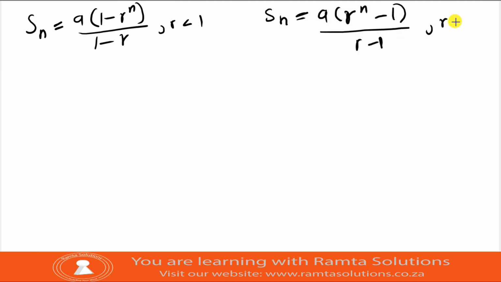This one we use when r is greater than 1. But we had said, given r is greater than -1 but less than 1, we can use this one here.